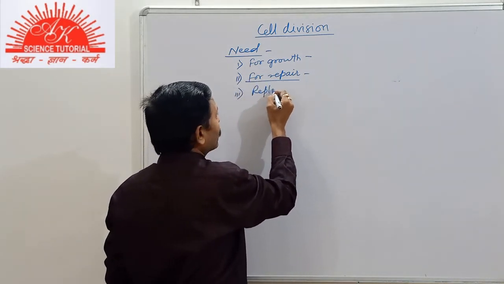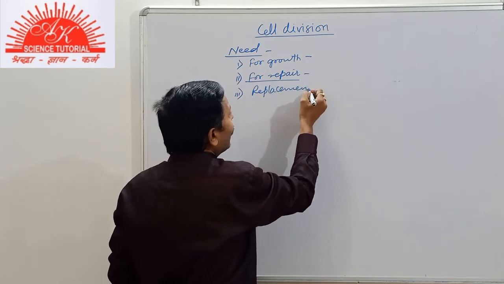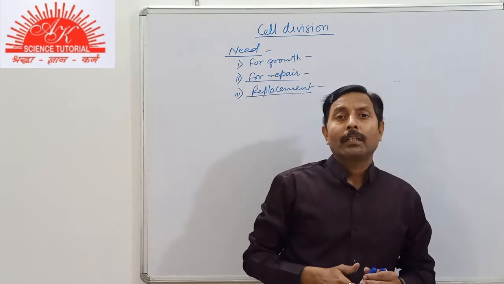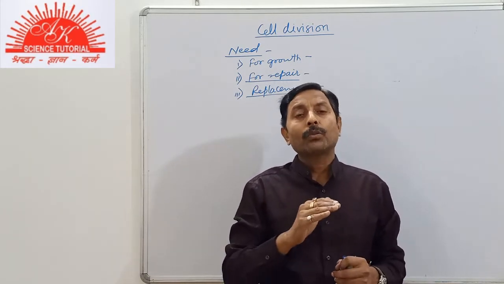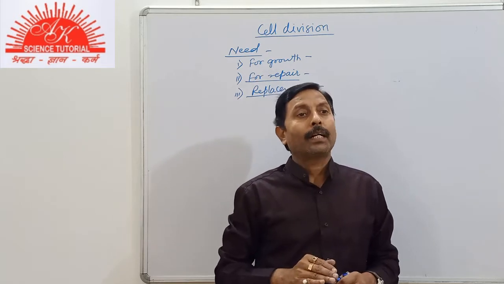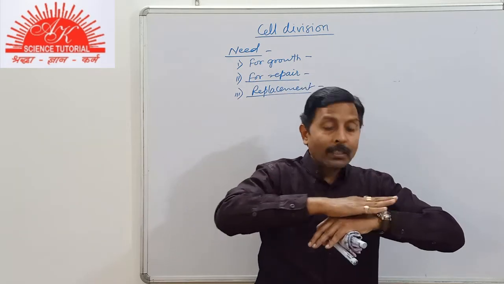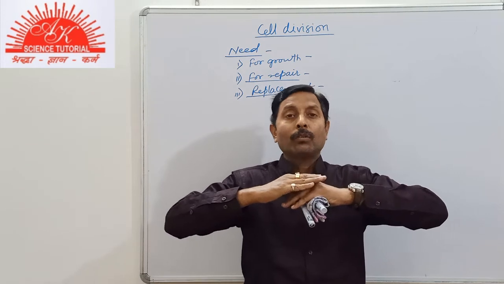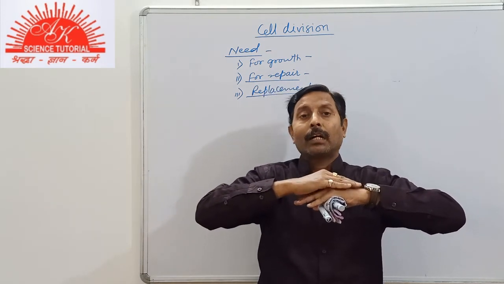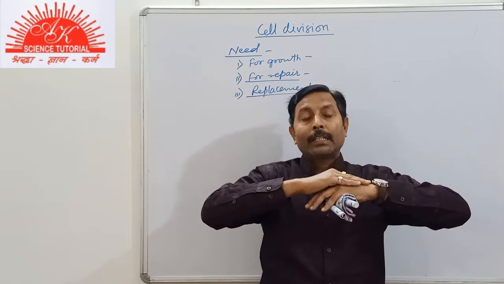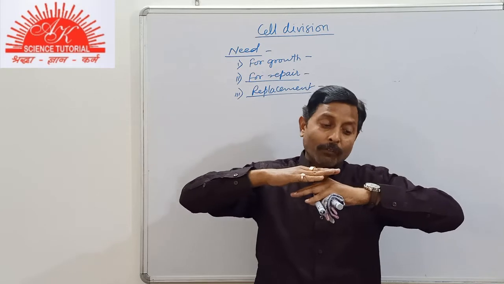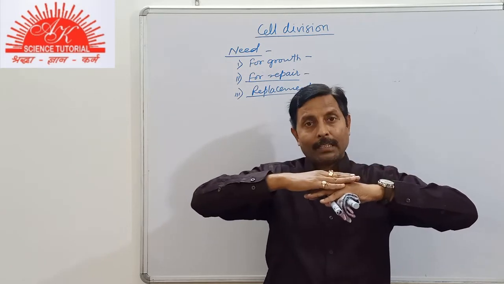Third, replacement. In different parts of our body, the old worn out tissues are constantly replaced by new cells. For example, on the surface of the skin, the outermost layer is the cornified layer, the stratum corneum, which is made up of dead flat cells.